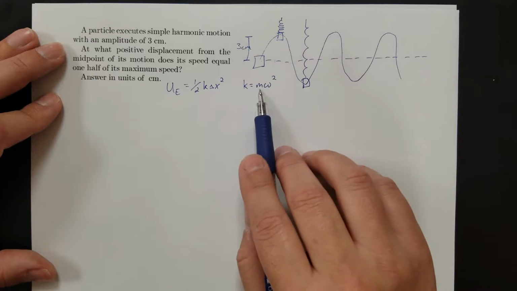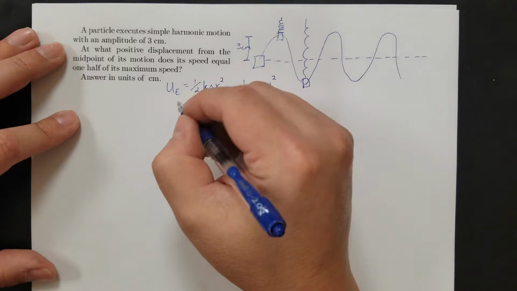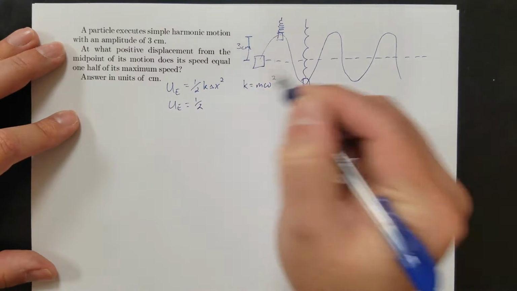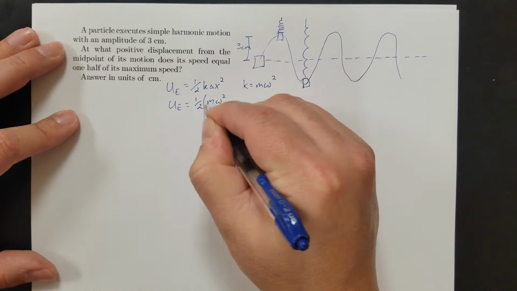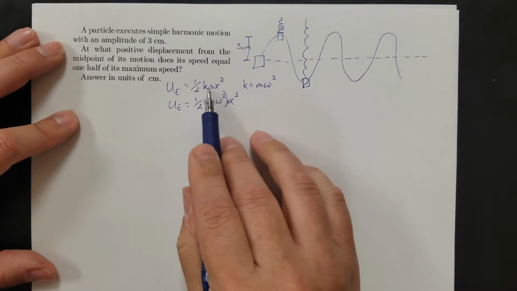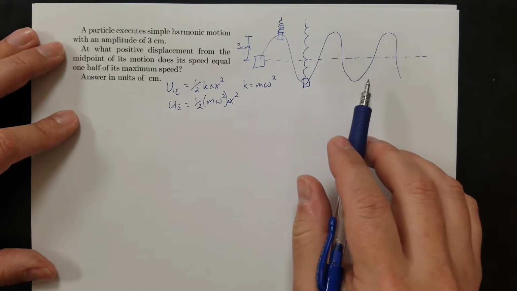So if I put this into here, I can say that the elastic potential energy equals 1/2 m omega squared times delta x squared. I just plugged m omega squared in for that k.